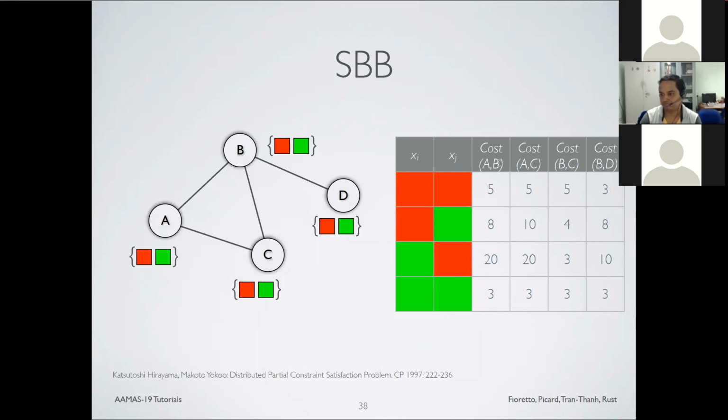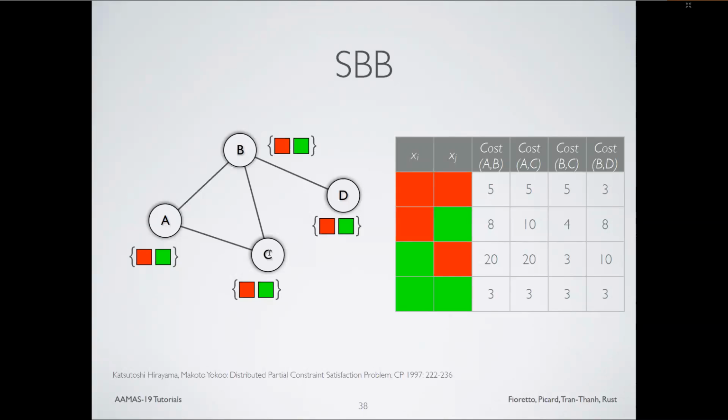If A and B choose the red color, both are red, then the cost will be 5. If A chooses red and C chooses red, then the cost is 5.